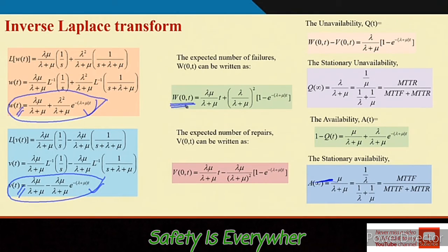If you know W(t), then in order to know the expected number of failures within 0 and t, what is the formula? The formula is the integral from 0 to t of W(t) dt. But the W(t) equation is known to you, lambda mu by lambda plus mu plus this.